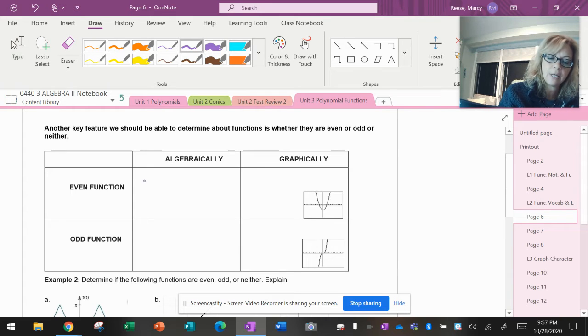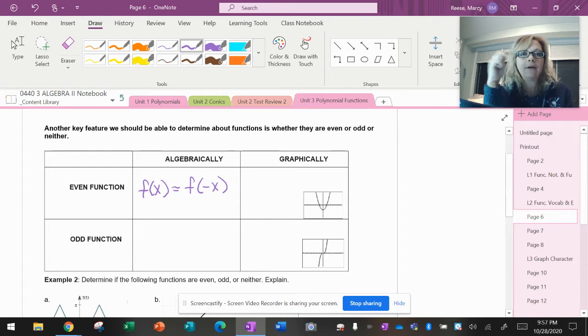So if I have a function, let's call it f of x, and I want to check it algebraically, if it is even, then when I put negative x into the function, it will match the original, okay? And I'm going to do examples of every single one of them.